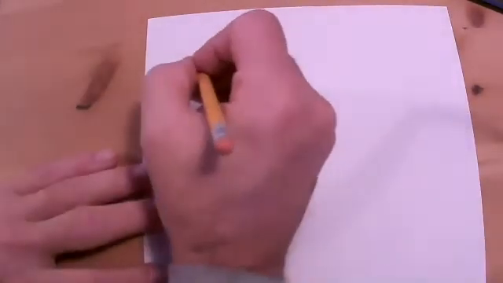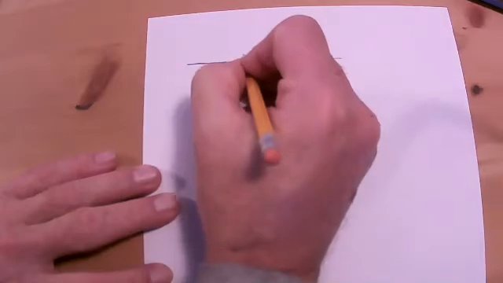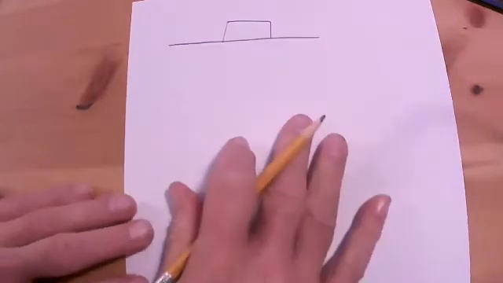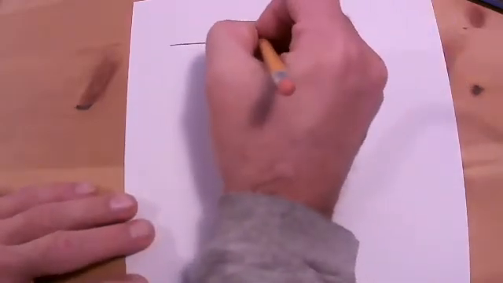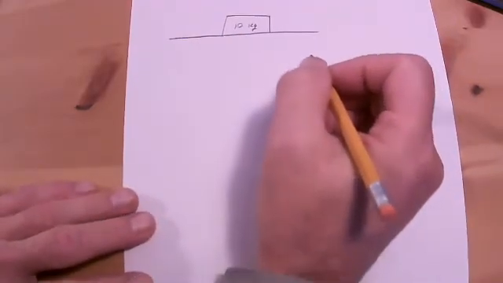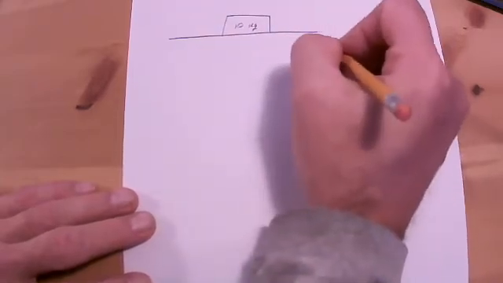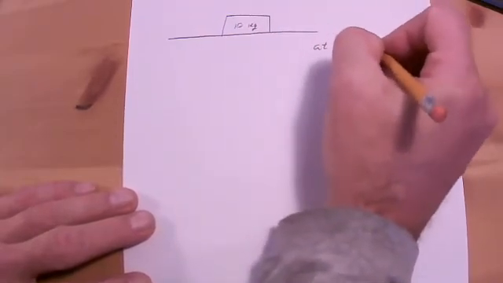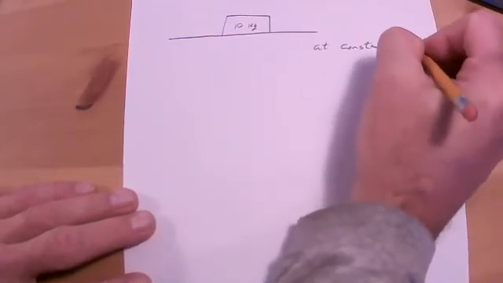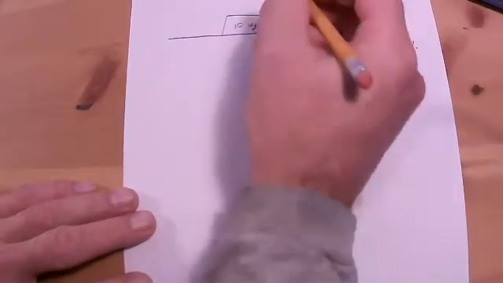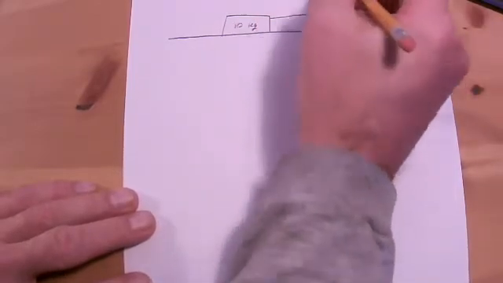Number 11. So you have a box being dragged on the floor. 10 kilograms. It's at constant velocity. I have a feeling that's going to be important. The applied force is 50 newtons.